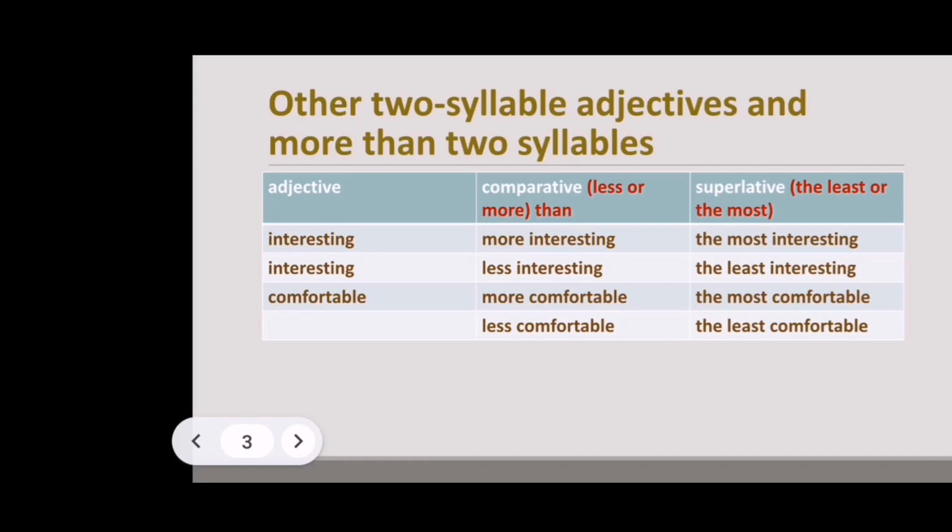For example, interesting, more interesting, the most interesting, or less interesting, the least interesting. And one more example, comfortable, more comfortable, the most comfortable, less comfortable, the least comfortable. Pay attention, we don't change the adjectives themselves in any way. And again, don't forget about the word than if it is necessary.